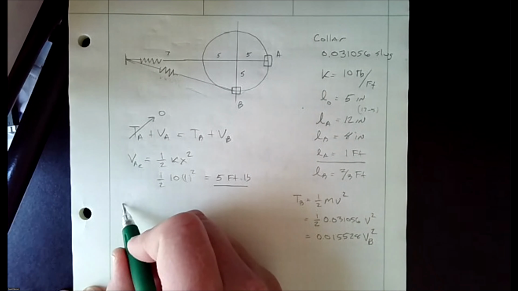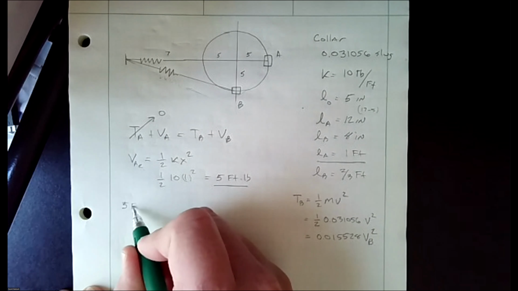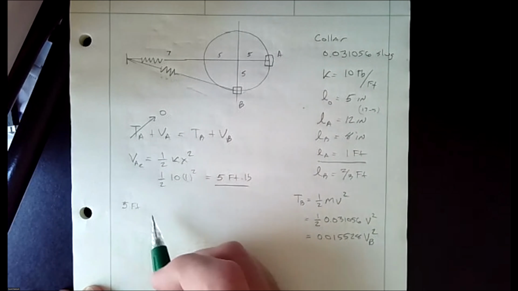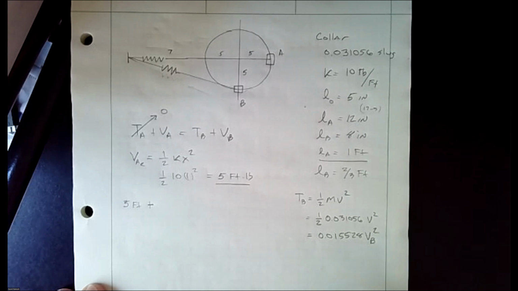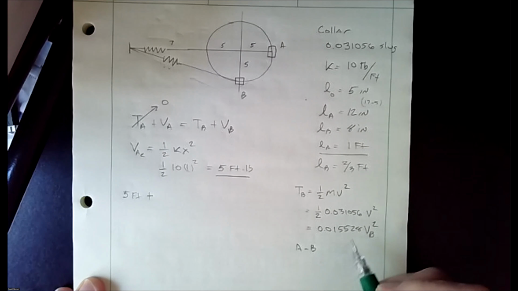So let's think about it. We have 5 foot-pounds of energy on this side, on the left side. And then we're going to add to it the MGH, right? So from A to B, that's going to be what?